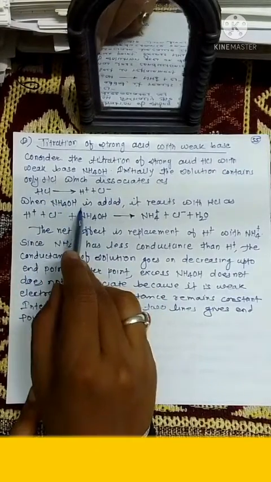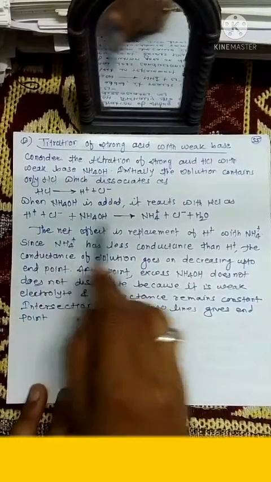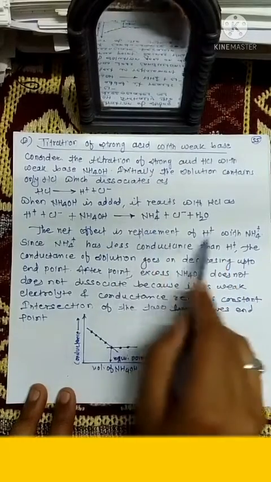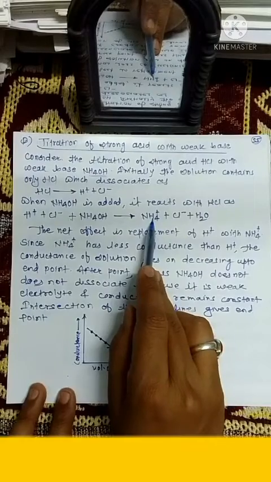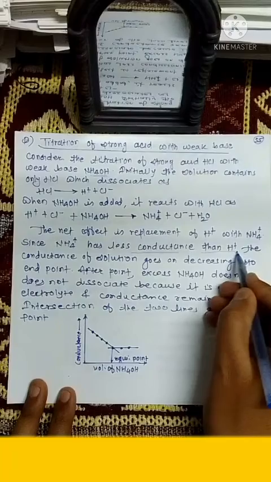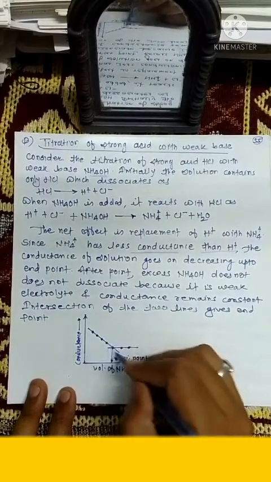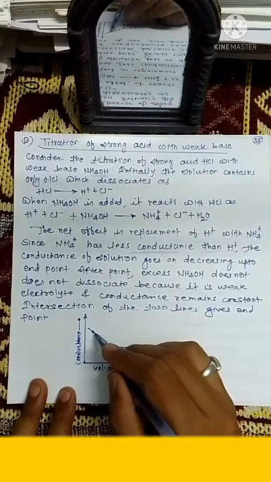When ammonium hydroxide is added, it reacts with HCl, as shown in this reaction. The net effect is replacement of H plus with ammonium plus. Since ammonium has less conductance than H plus, the conductance of the solution decreases up to the end point, which is shown in this graph.